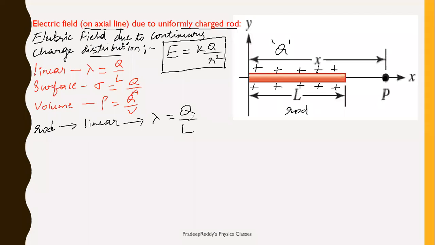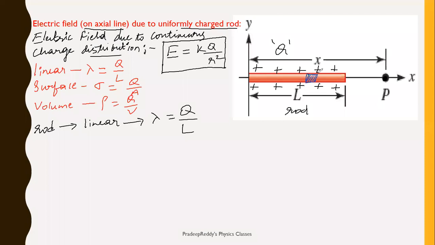Now, in order to find the electric field, you need to select one very small element of this particular rod. I am considering that element here. Understand the concept carefully.